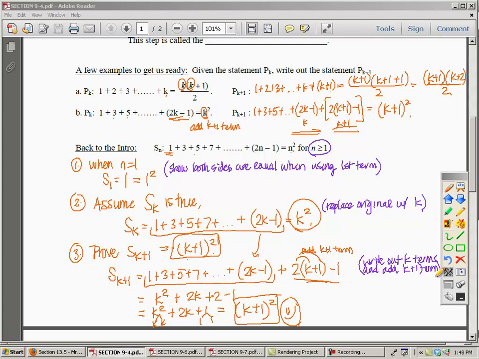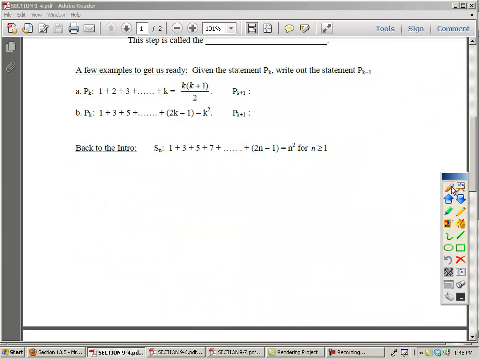And then my goal is to get the same expression as what I thought K plus 1 should be. So this is the overall idea. Again, I'm going to take it in the 3-step process, and hopefully we can get through this. So let's flip to the back. Let's try another one.